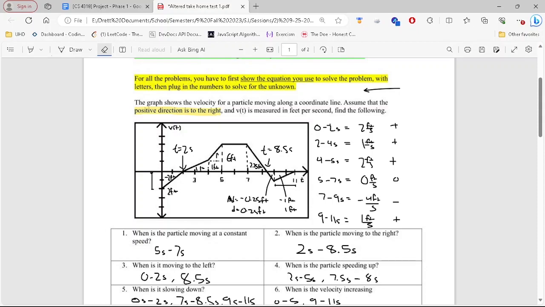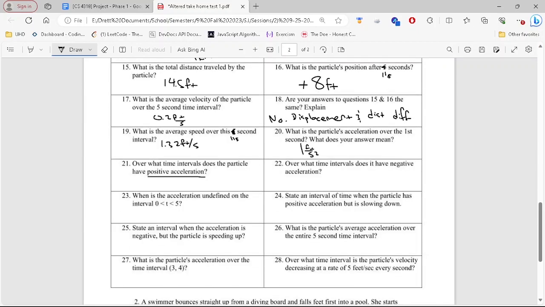From 0 to 5 seconds, it is positive, and then 9 to 11 seconds, it is also positive. So 0 to 5, and then 9 to 11.